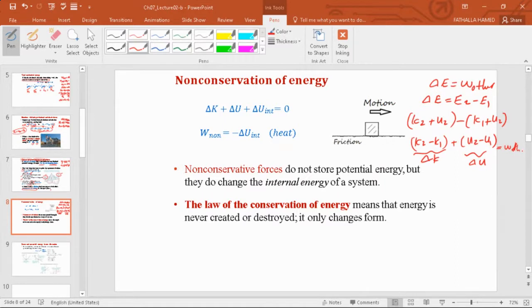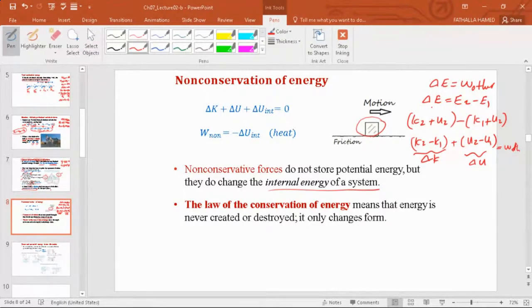Now, the work done by other forces, where does it go? Where do we lose it? And we will say that this actually changes the internal energy of the system. So, for example, you have an object here, a block, moving on a surface. Now, this energy that we talk about, we're talking about the energy of the block here. This is when we talk about delta E equals E2 minus E1.